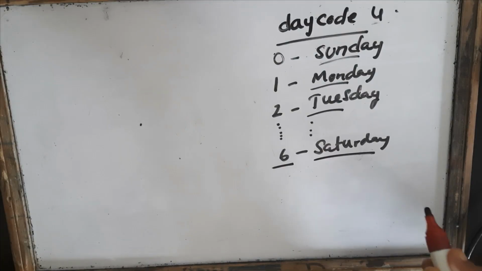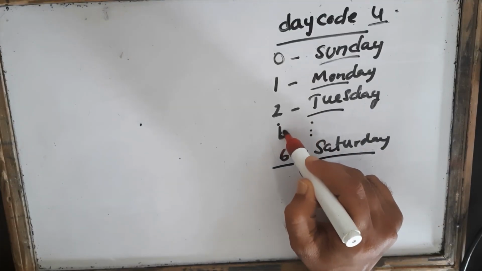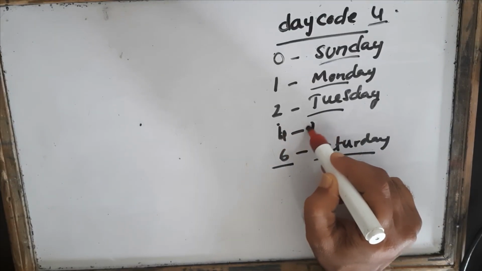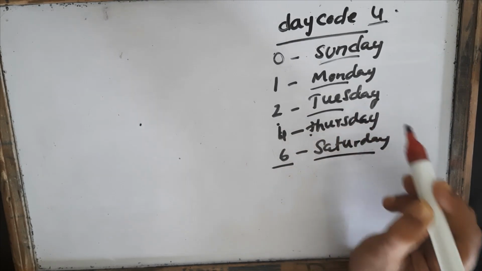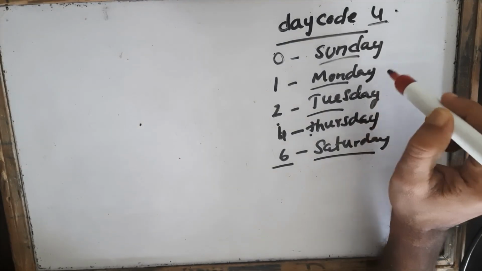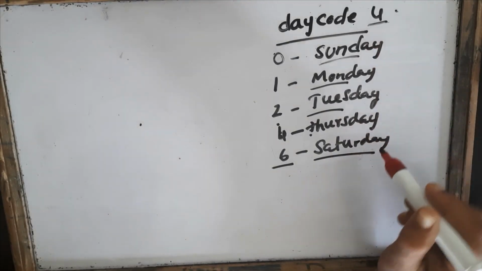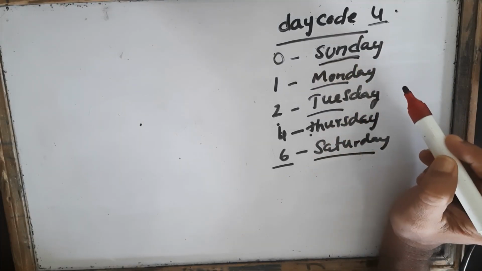Okay, let's take an example for 4. If day code is 4, it will go and print Thursday. So we write a program example for the switch case like this for the code 0 to 6 and the respective day for the code.